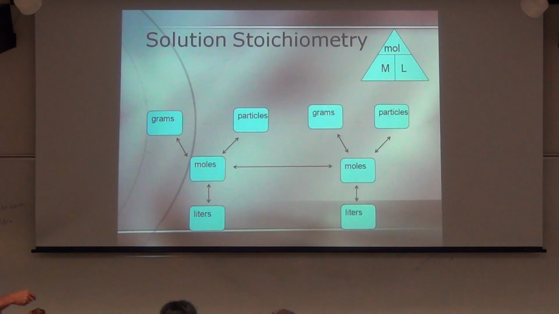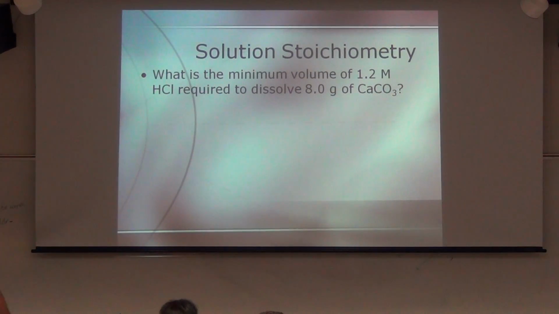Or you go the other way. So here we go. One example of a solution stoichiometry question. What's the minimum volume of 1.2 molar HCl required to dissolve 8.0 grams of calcium carbonate?